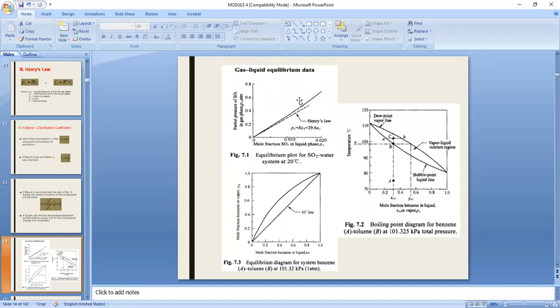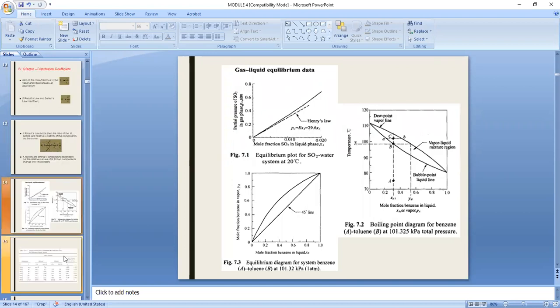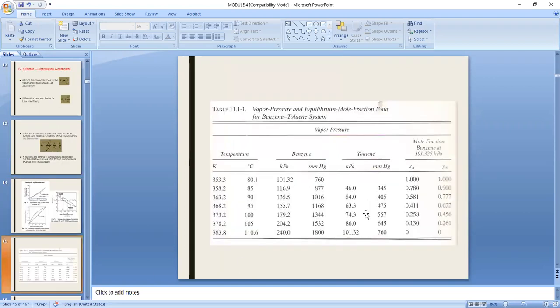Okay, this is limited only, so whatever is the system that is defined in a particular diagram, that diagram will only be applicable to such system. If we speak of a different system, of course we should be using a different equilibrium diagram. Now, in terms of table, I think you're familiar with this. This was shown to you in phase equilibria last year.